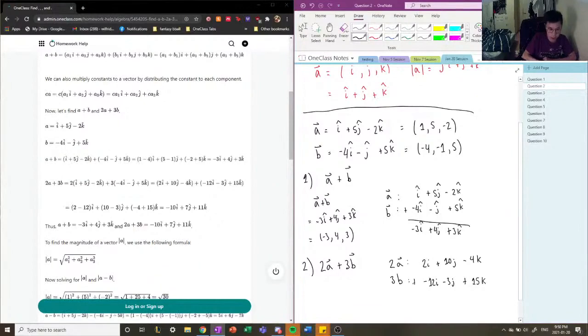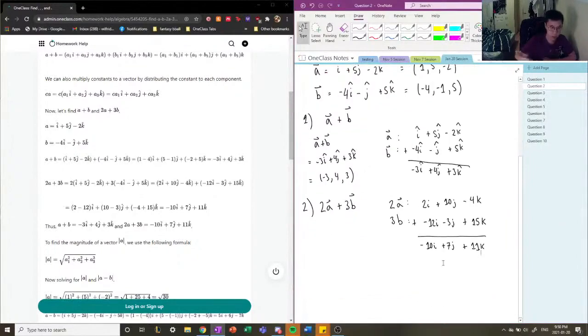If we add these together, we get negative 10i plus 7j plus 11k, or in the coordinate system, negative 10, 7, and 11.